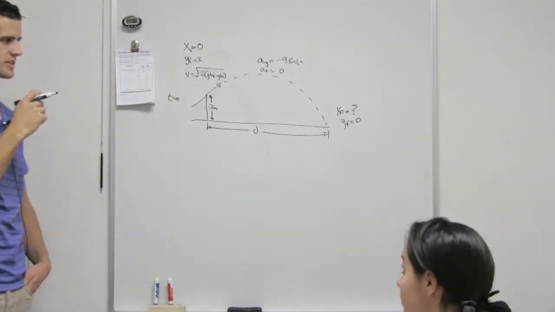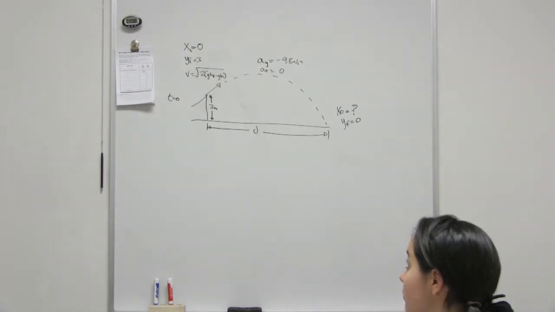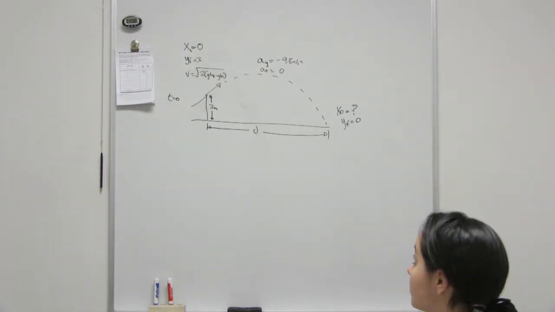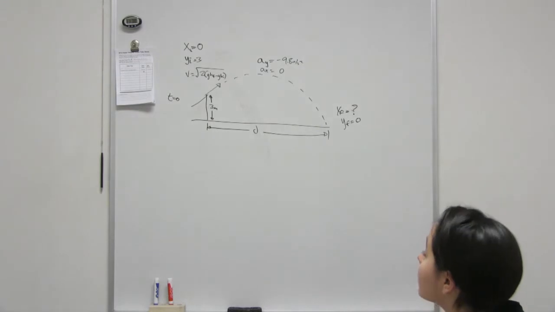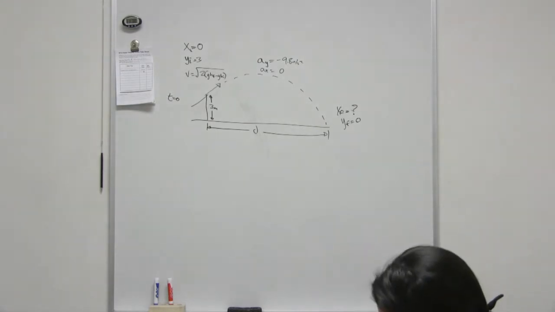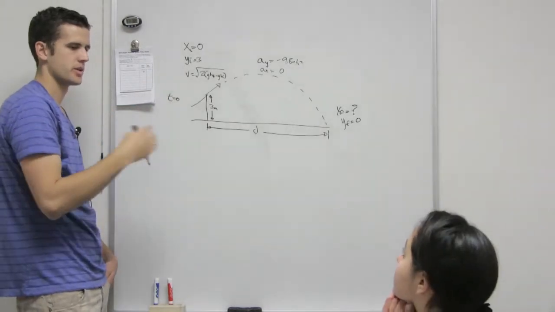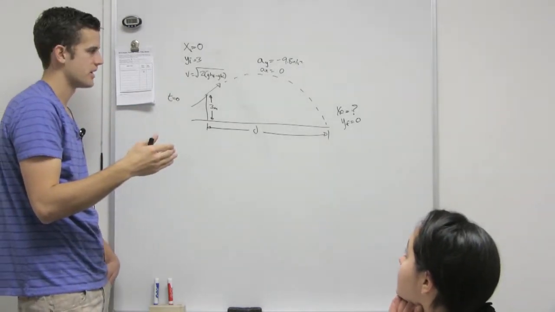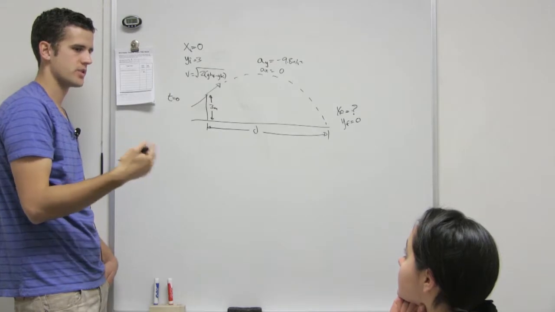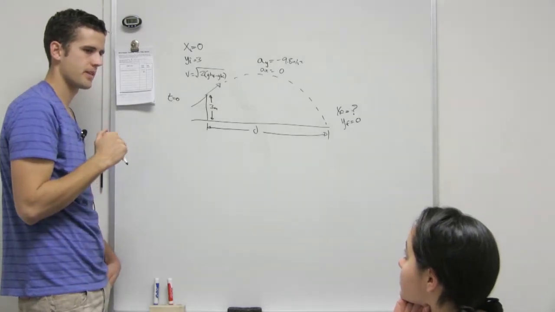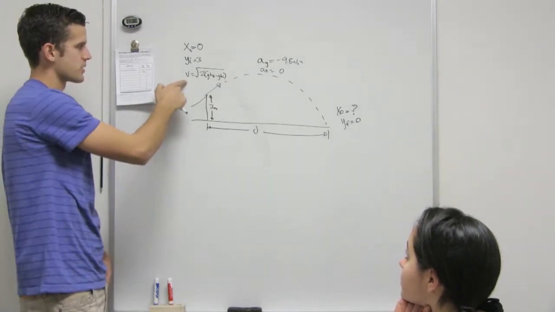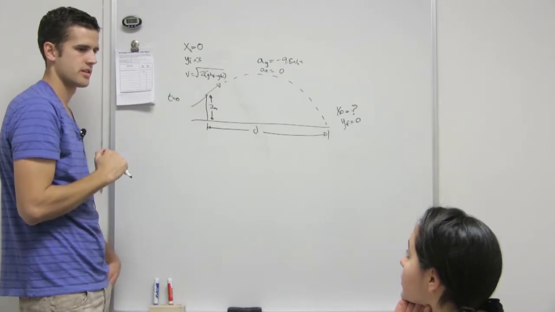But what kind of velocity is that? What do you mean? So we've got an x initial position and a y initial position, so we can put those into kinematic equations. But our kinematic equations we have to use in just one dimension, right? So is this an x or a y velocity? Oh, good question.